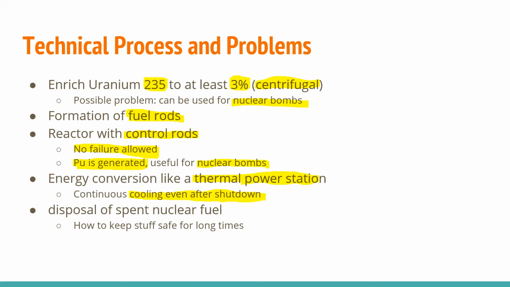Otherwise, it will heat itself till a level of temperature that it gets liquid, and then things can go really awful. That didn't happen really in full scale, but we have to be careful. And then we have to dispose the spent fuel for a long time because of this plutonium and some other elements that are inside the fuel rods.